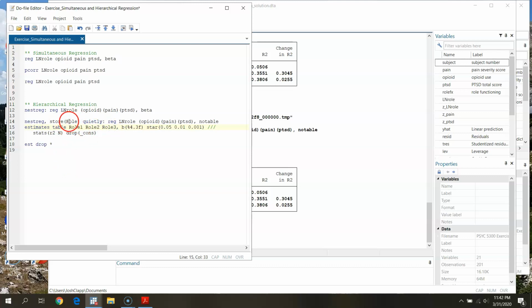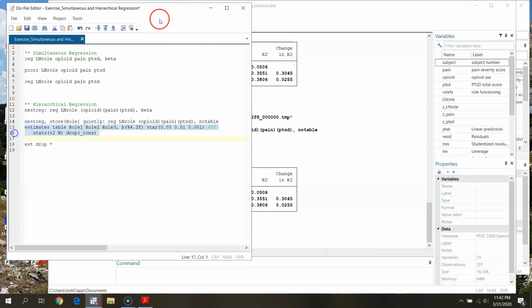Remember, this is in memory, saved for each one of our steps. This is just some output options: how many decimals we want our unstandardized coefficients B to have, asterisks for p-values of 0.05, 0.01, 0.001. We're going to request an R squared value and sample size, and leave the constant out of this.